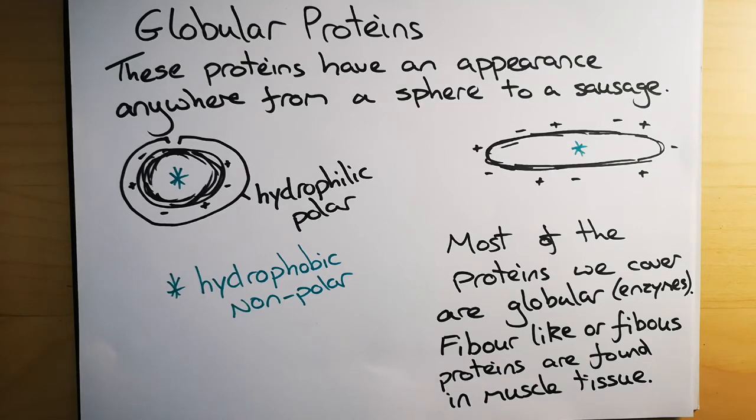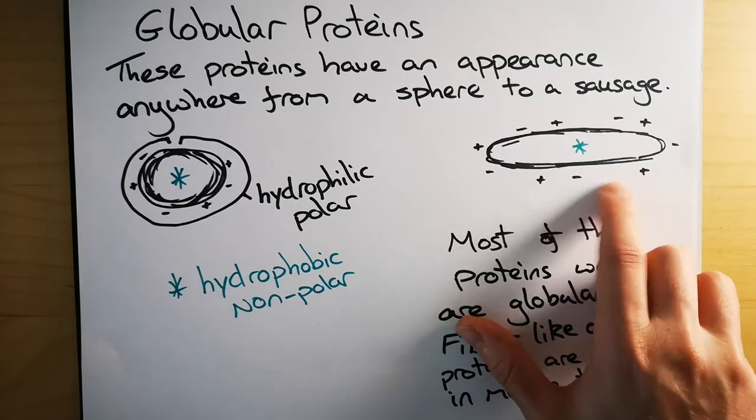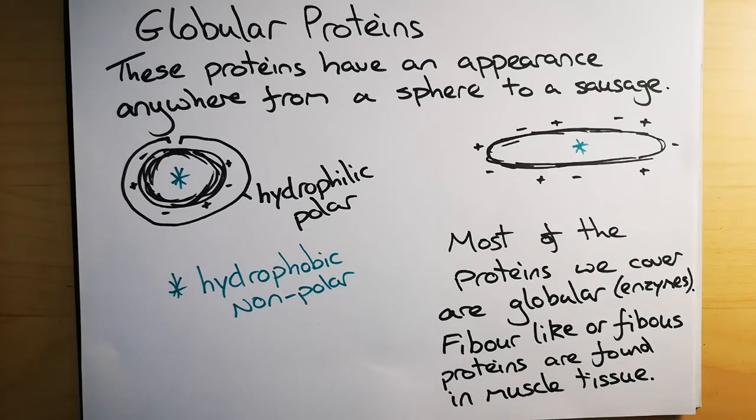Transport proteins could be argued to be pretty globular. They're a little bit on this end of things, but they're quite globular. They can have lots and lots of amino acids, but they're actually quite restricted in their general length, so they're not going to stretch the expanse of a cell.